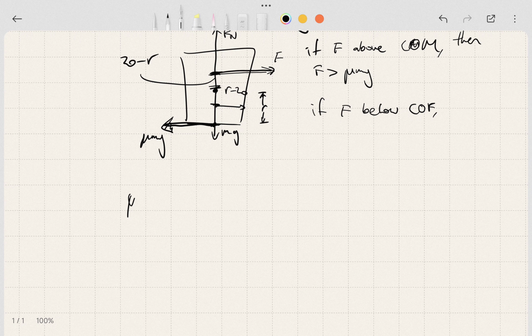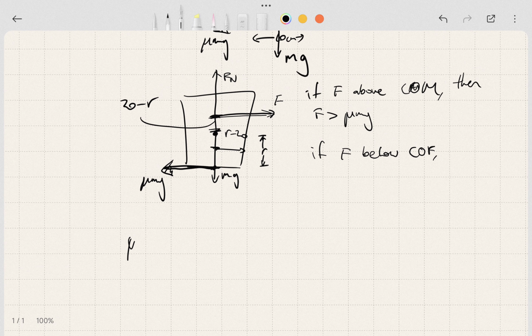Instead, they all contribute to a clockwise torque, and so the cube would start to rotate. If F is above the center of mass, then it will definitely rotate.